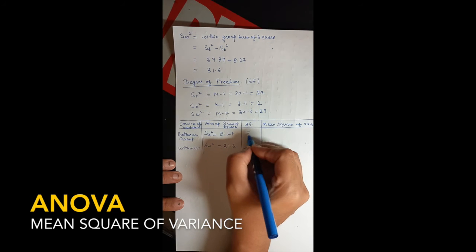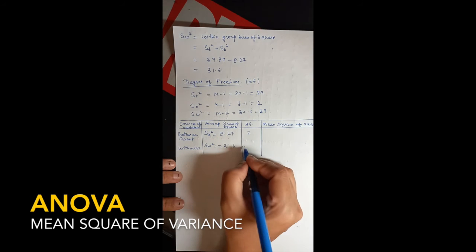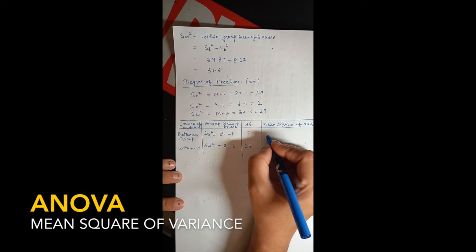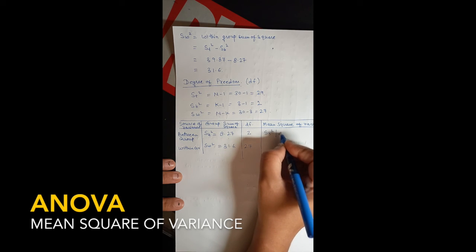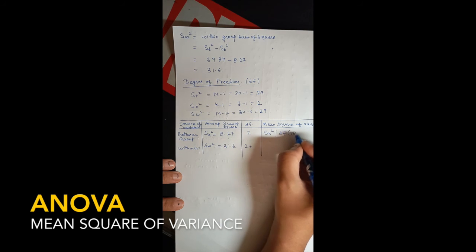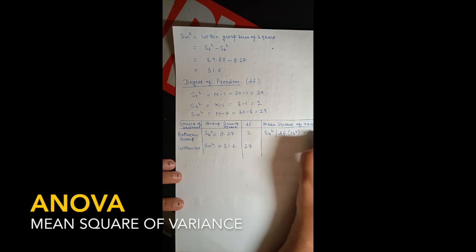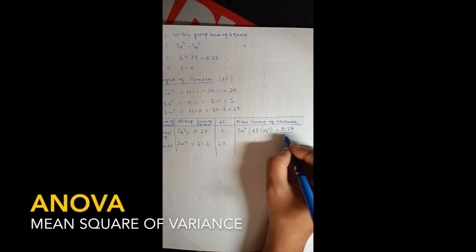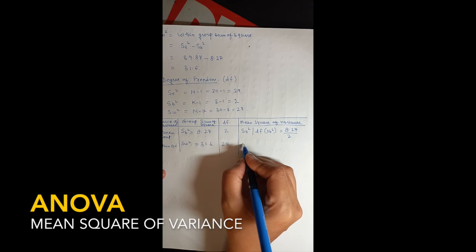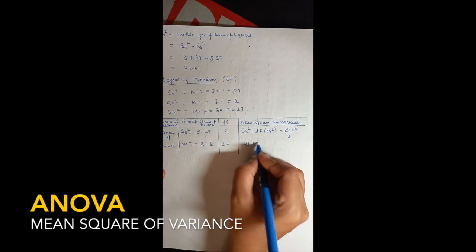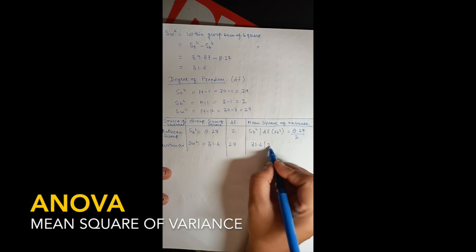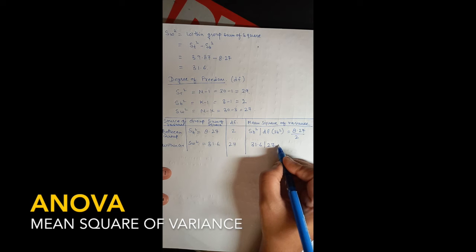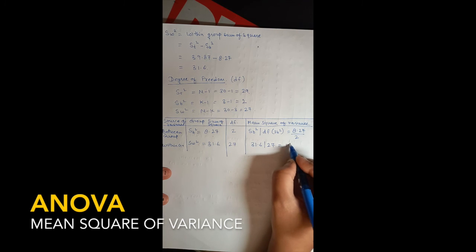We place the degree of freedom of each one in the column, and now the mean sum of square will divide the sum of square by the degree of freedom. So SB square divided by the degree of freedom of SB square. And similarly, the mean sum of square for within group will be SW square divided by the degree of freedom for that.